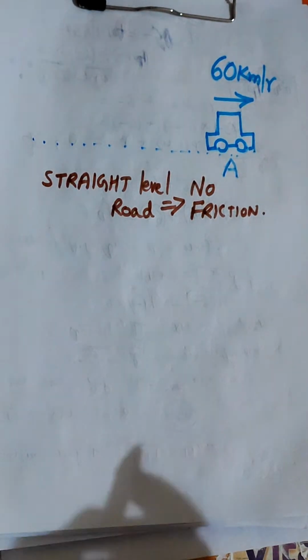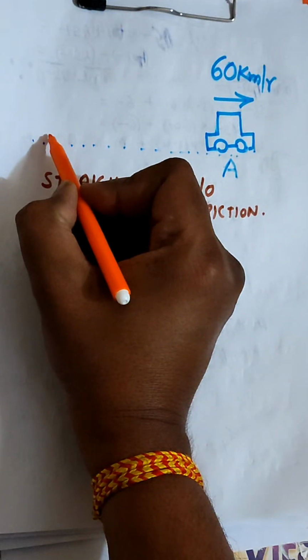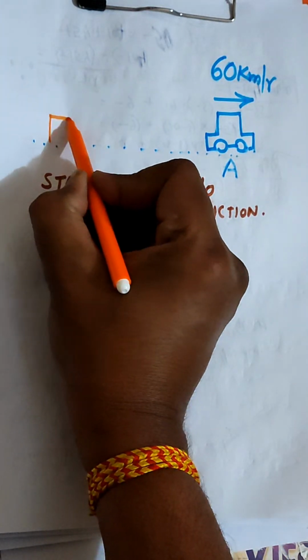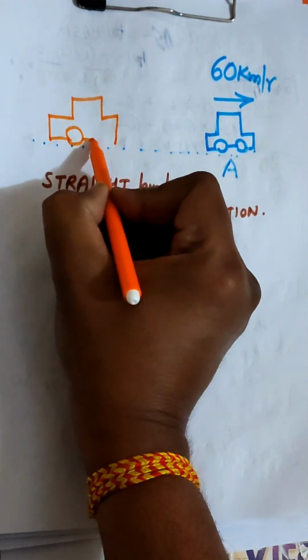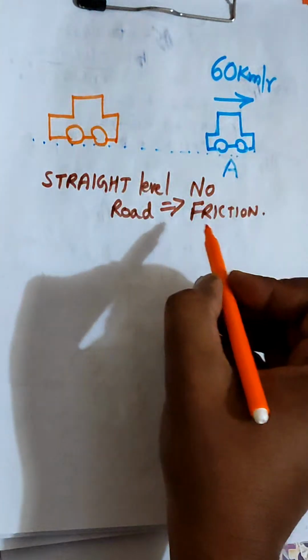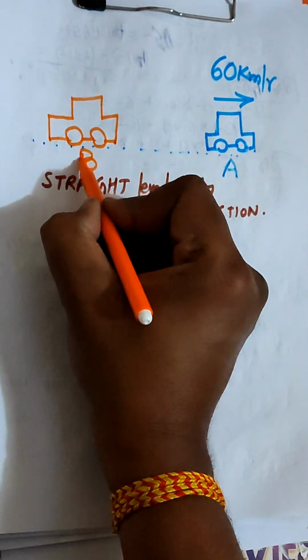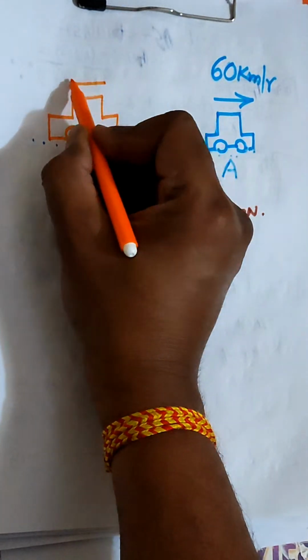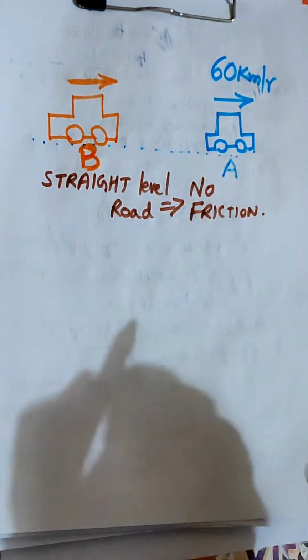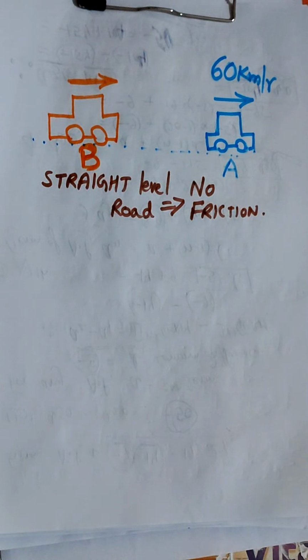Another data given in the question is that it is followed by another car B. So let's say this is another car B, which is following car A. Now, what is the second data given in the question?